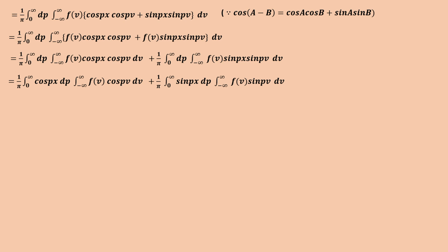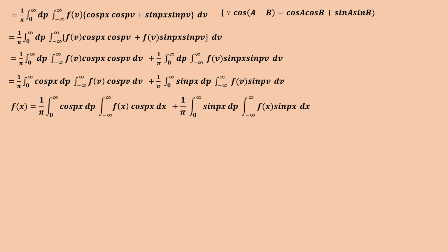So we are grouping cos px with the dp and cos pv with the f(v) dv in both the integrals, which is equal to 1 by pi integral 0 to infinity cos px dp integral minus infinity to plus infinity f(x) cos px dx plus 1 by pi integral 0 to infinity sin px dp integral minus infinity to plus infinity f(x) sin px dx. We are just changing the variable: instead of v, we are putting x in the second integrand of both the integrations. It is equation number 1.